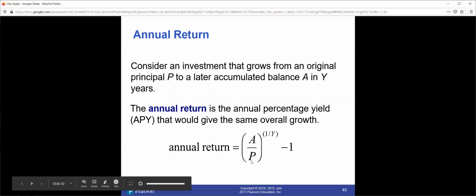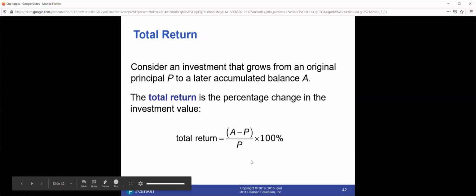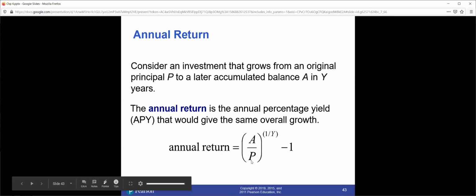Your annual return, however, is the growth from the original principal to a later accumulated balance A in Y years. So your annual growth is your annual percentage yield, your APY, given that same overall growth we talked about previously. So your total return is at the end of it all, and your annual return cares about the years that you're talking.